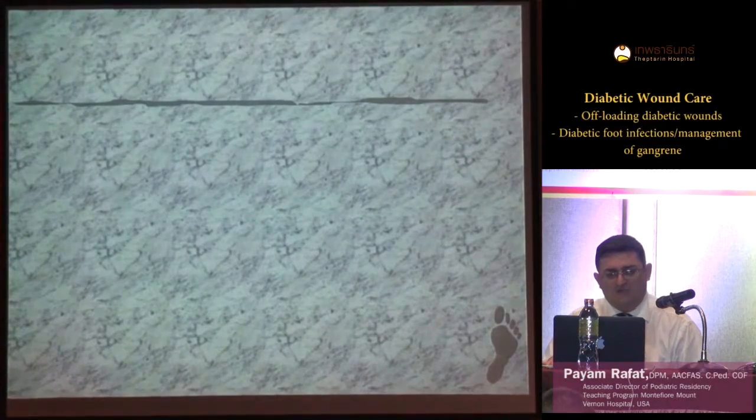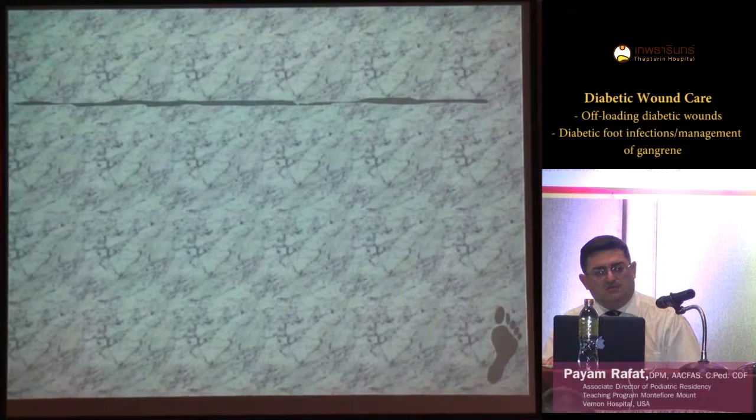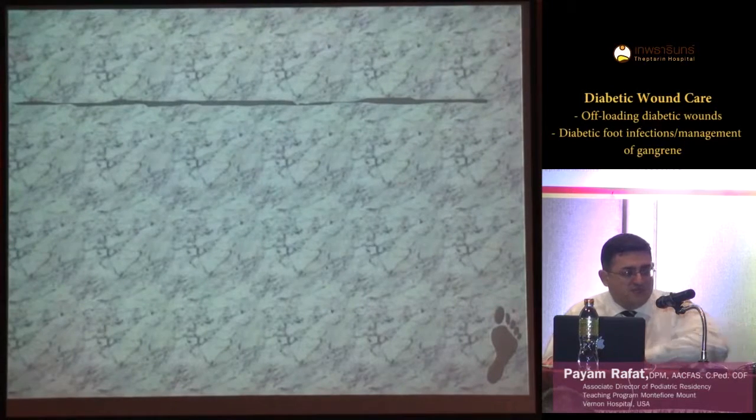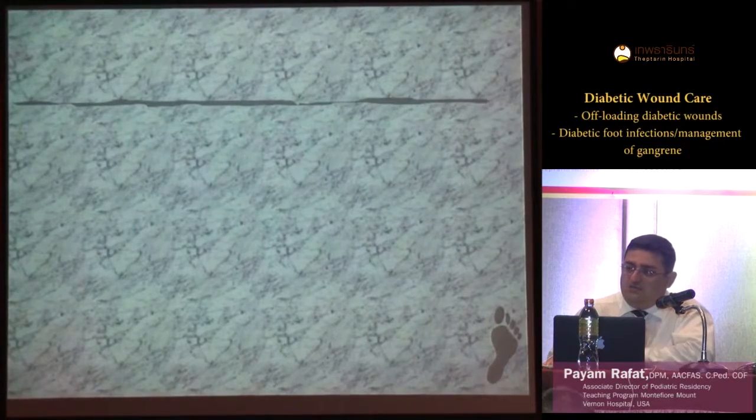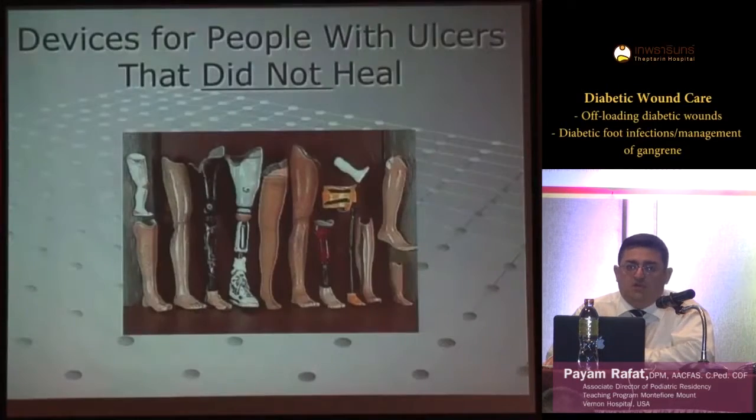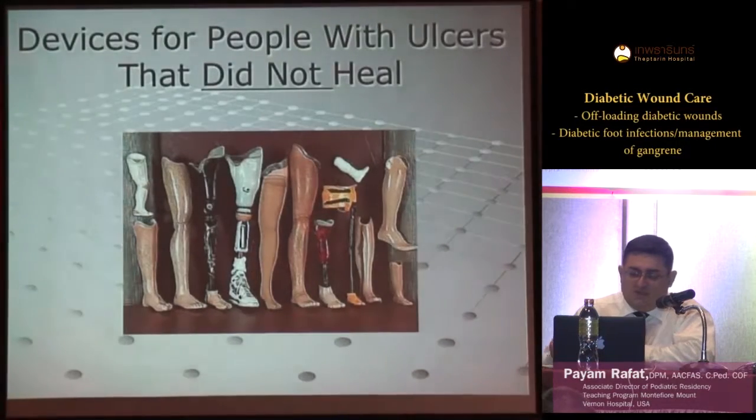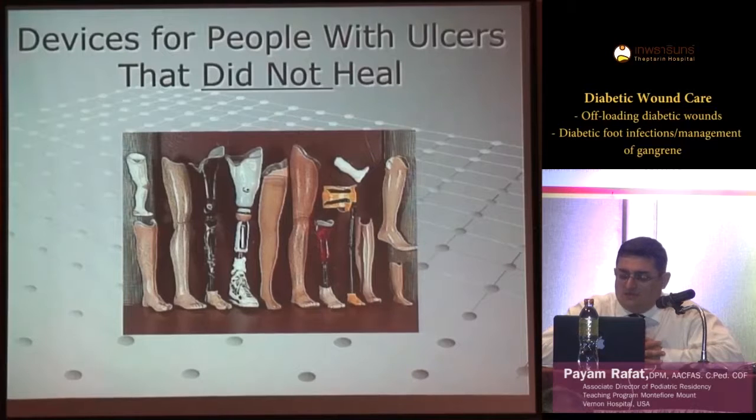So oftentimes we offer patients various offloading techniques, and not everybody wants to go in a cast. So if they have a complaint, I like to show them this picture and tell them this is what they had to get if the ulcer didn't heal. Then they're more likely to bear with using the cast for a little while.